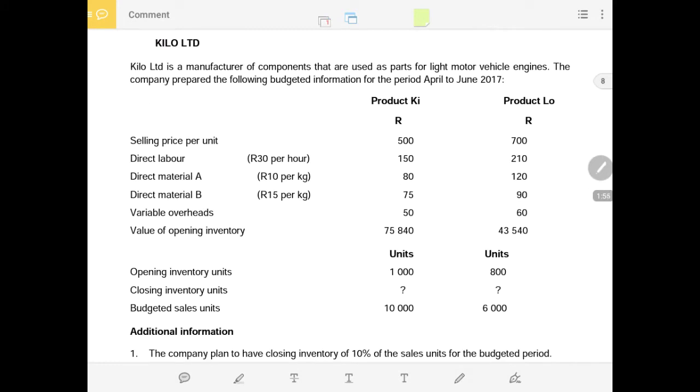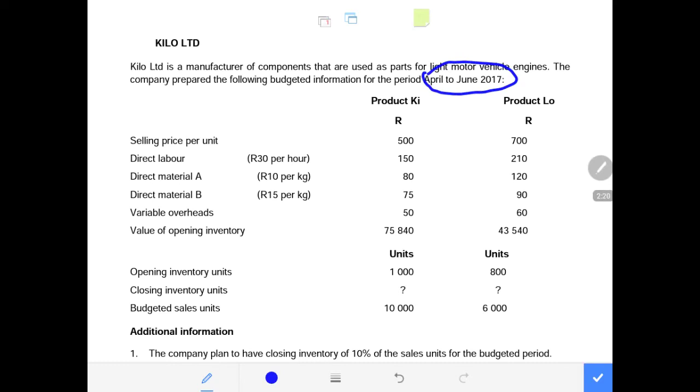It says Kilo LTD is a manufacturer of components that are used as parts for light motor vehicle engines. The company prepared the following budgeted information for the period April to June. So we are provided with the information for the quarter, which is April, May, and June, because a quarter is made of 3 months, and there are 4 quarters in a year: 3, 6, 9, 12.